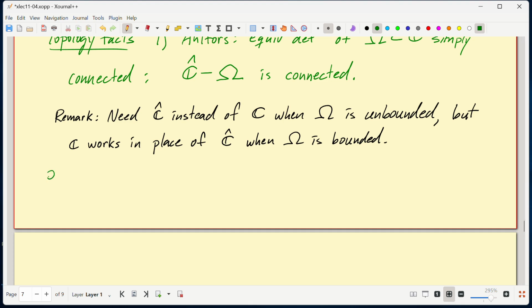That's number one. Number two, being simply connected is the same as saying any two curves going from A to B are homotopic.